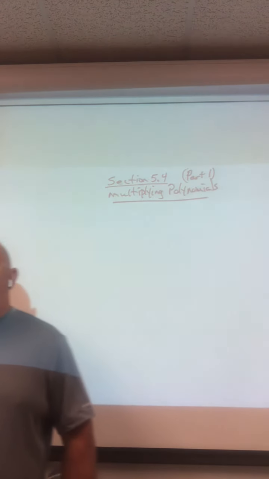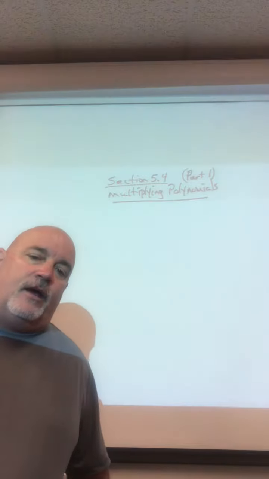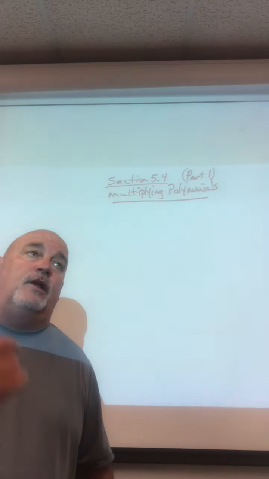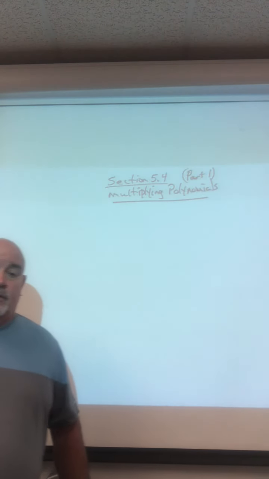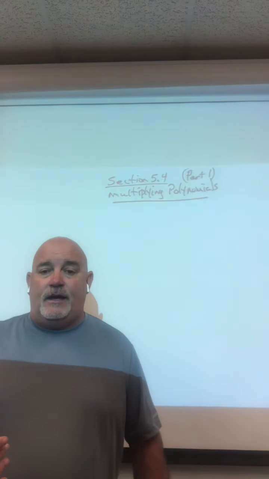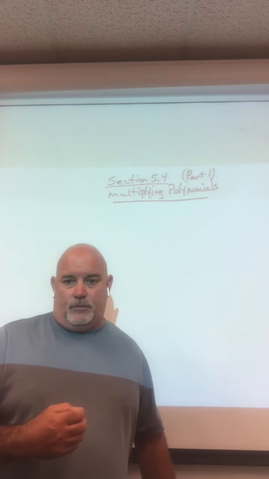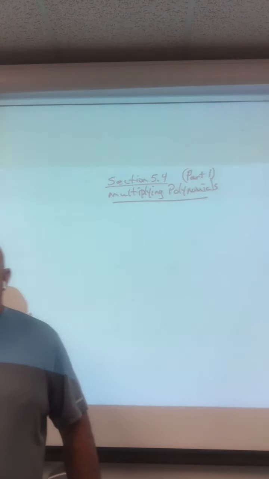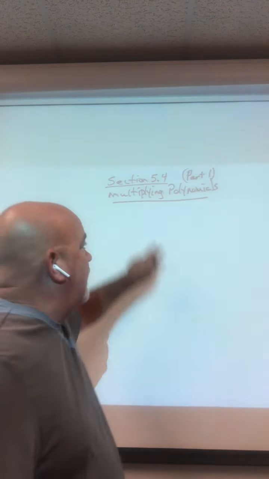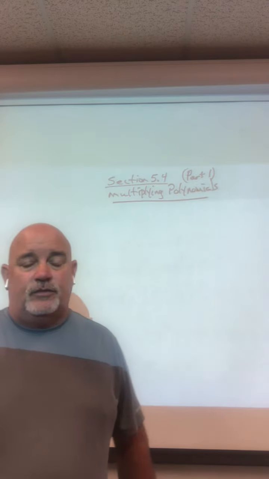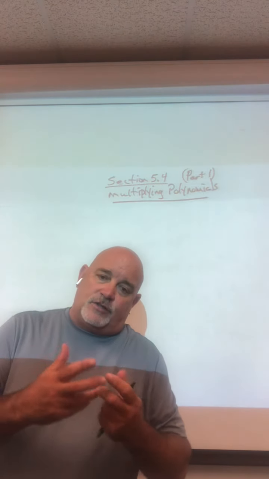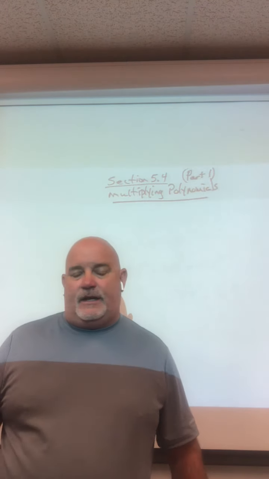In 5.1 and 5.2, we looked at rules of exponents. In 5.3, we looked at adding and subtracting polynomial terms. Now in section 5.4, we're going to look at multiplying polynomials, but we're also going to be doing some adding and subtracting in here as well.